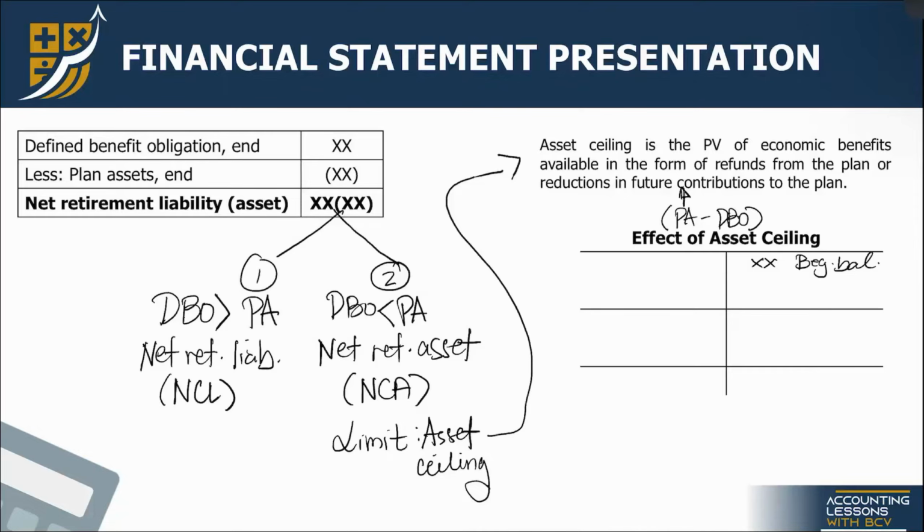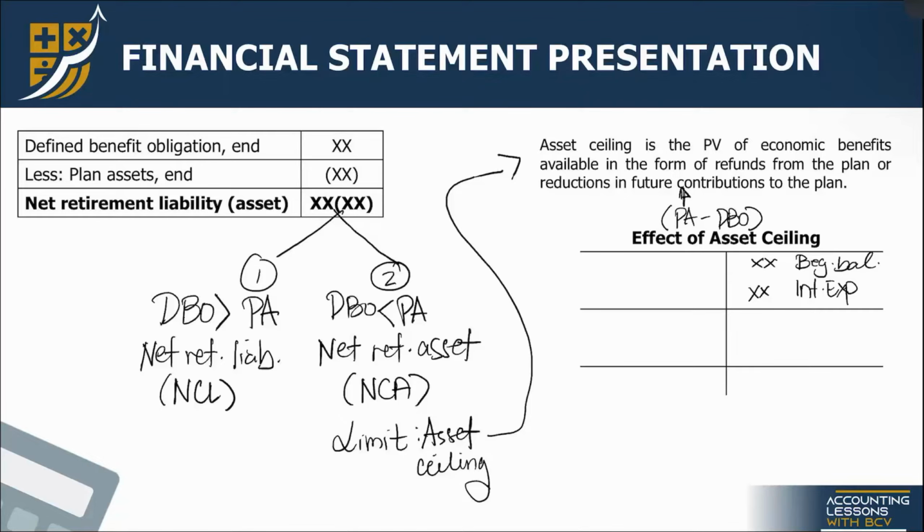Next, the second component naman, meron din tayong tinatawag na interest expense. No? How do you compute the interest expense? That is by multiplying the beginning balance of the effect of asset ceiling by the discount rate. So consistent among the defined benefit obligation, plan assets, and effect of asset ceiling yung pag-compute ng interest natin. No? Bumabase palagi yan sila sa beginning balance nila.